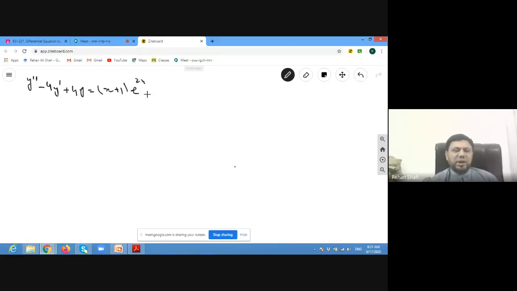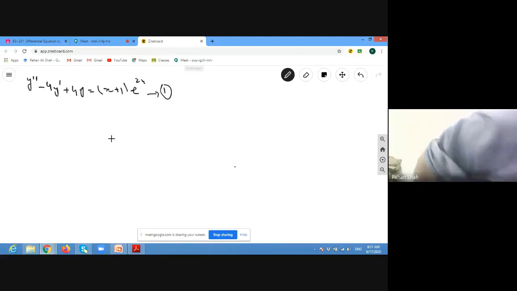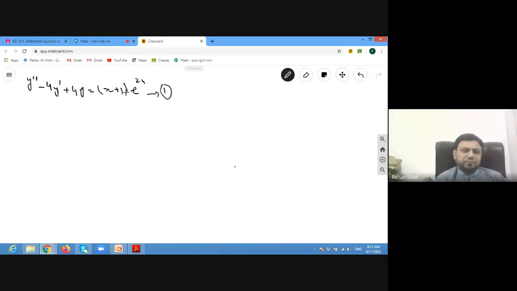Now if you see the right hand side term, you can also solve this differential equation by the method of undetermined coefficients, because you are able to select yp for this function.